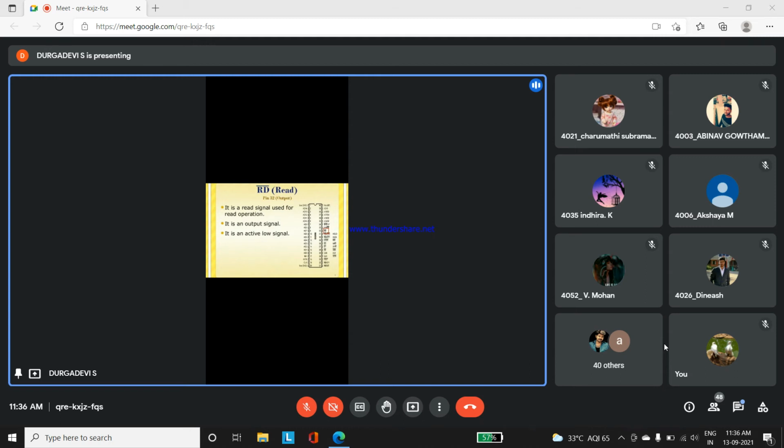So RD bar is an output signal which will go from your processor to your memory. This RD bar will be connected to your memory RD bar, directly to the memory. When the memory sees the value is equal to 0, it will understand, okay, processor is trying to read.